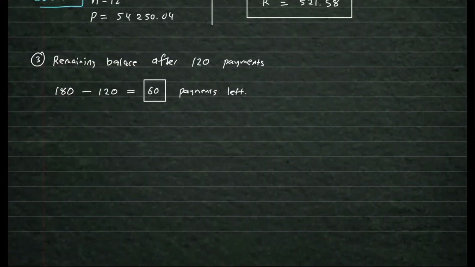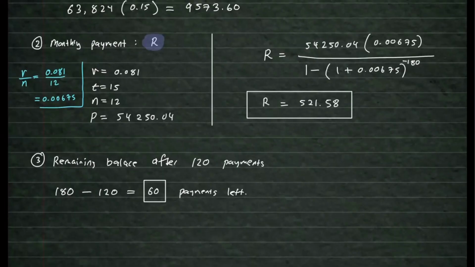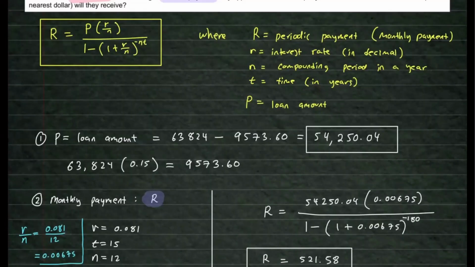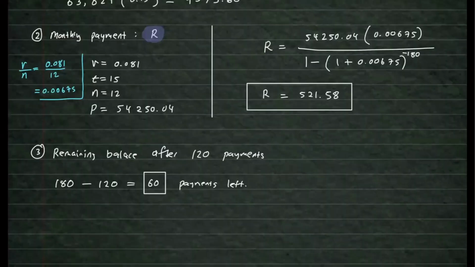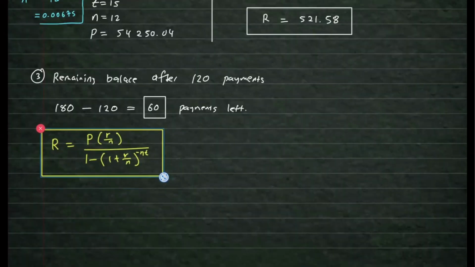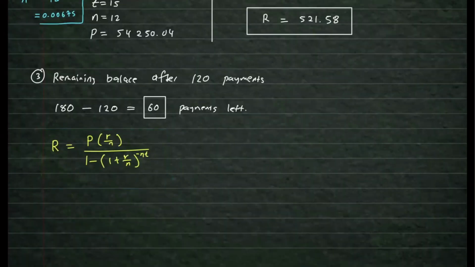We need to use the same formula again, this one right here, but we will be solving for P, since P is like the loan amount or the present value or the remaining balance, depending on how you interpret this. So using this formula, solve for P. I will do that by multiplying both sides by the denominator.